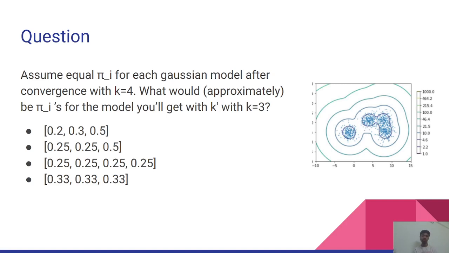So initially, what were the pi i's when k equal to 4, if we consider equal pi i?